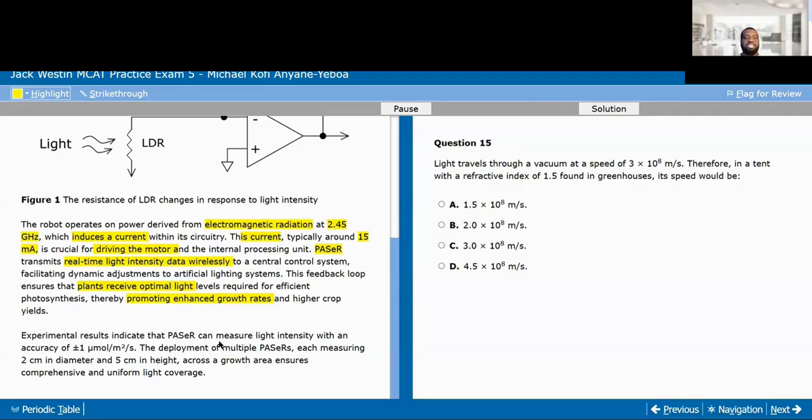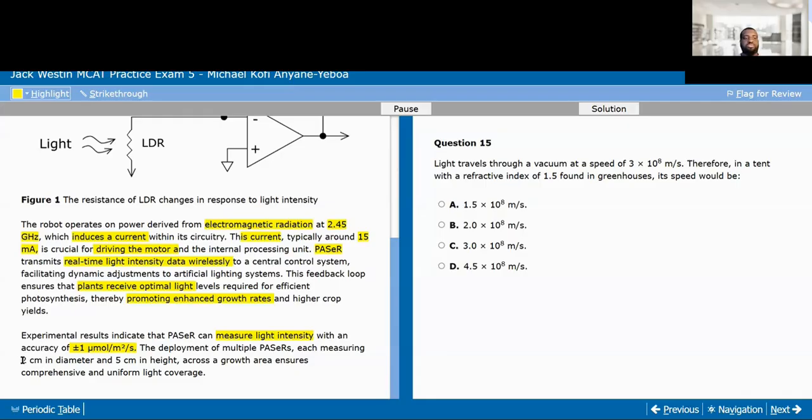Okay, experimental results indicate that PASER can measure light intensity with an accuracy of this. It may come up, so we'll highlight anything with numbers. So measure light intensity. We're still talking about PASER here, right? The deployment of multiple PASERs, each measuring 2 centimeters in diameter and 5 centimeters in height across a broad area, ensures comprehensive and uniform light coverage.